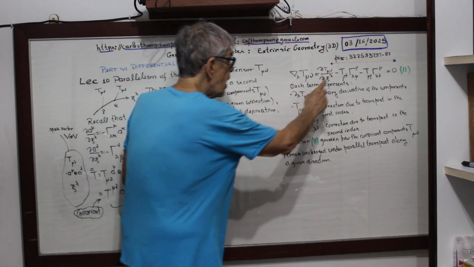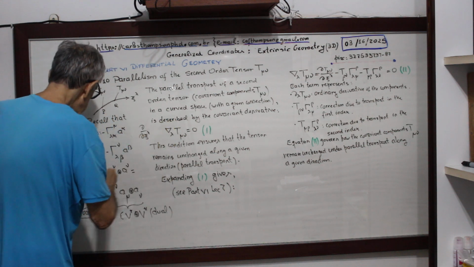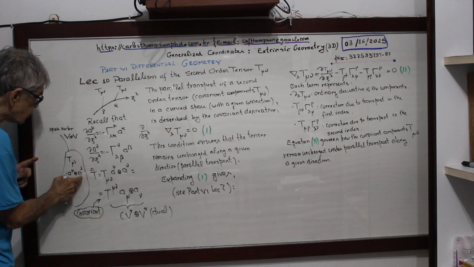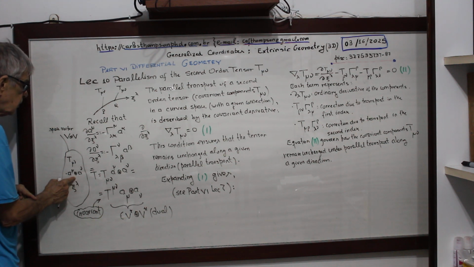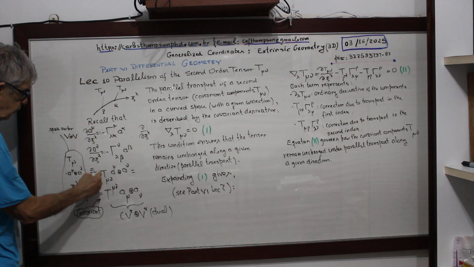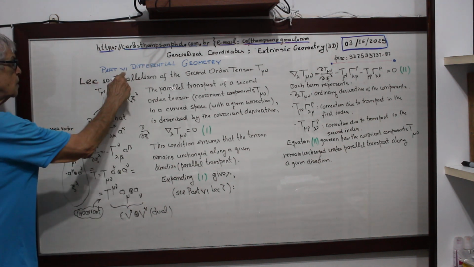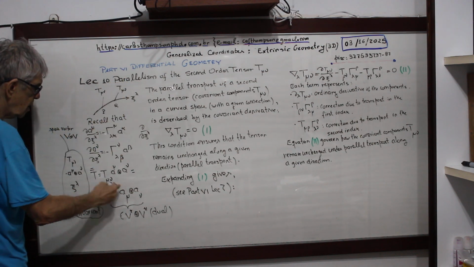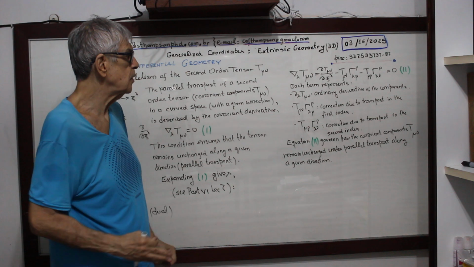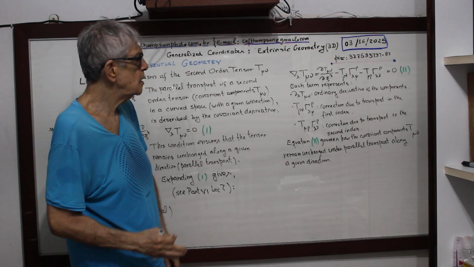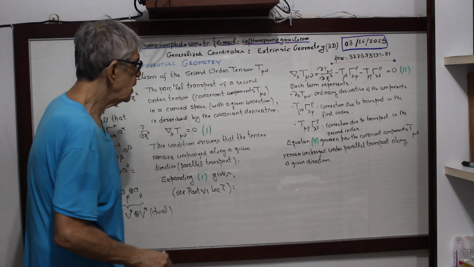Recall that this minus sign over here comes from the fact that we are taking partial derivative of the contravariant basis. It's written over here, and also in the previous lecture, still in the part 6. We see this. And this here was exactly derived on lecture 7 of this part 6.